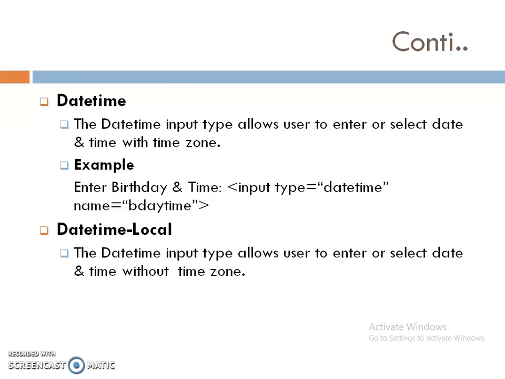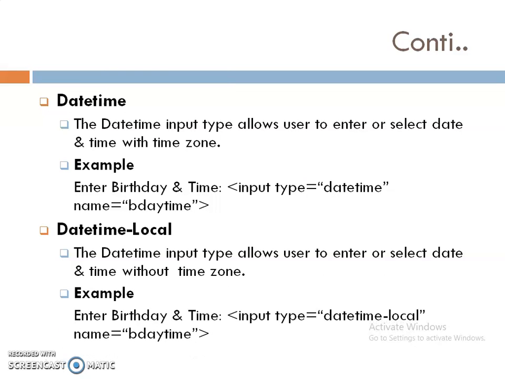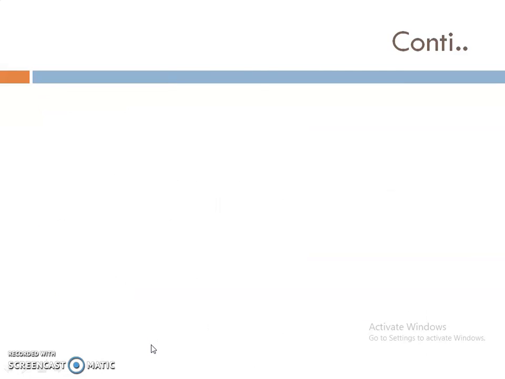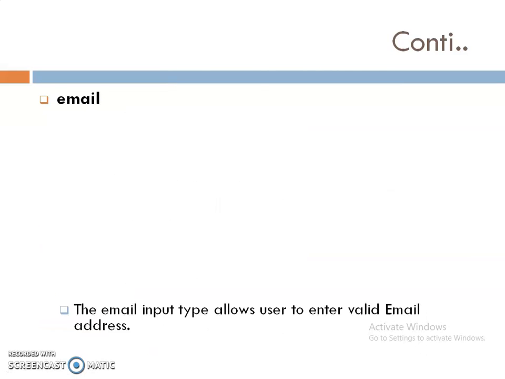Datetime-local, that means here the local time zone will be considered. It allows the user to enter or select a date and time without a time zone because it will be considered as the local time zone by default. For example, input type is equal to datetime-local, and we are giving a user defined name to the particular field. Email.